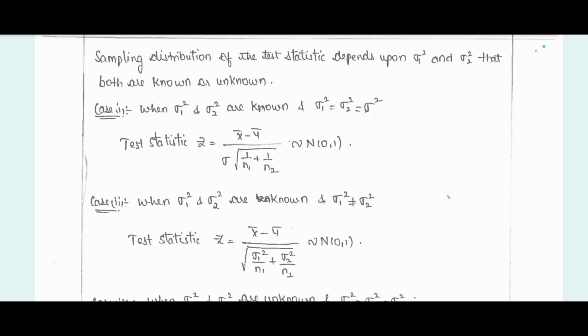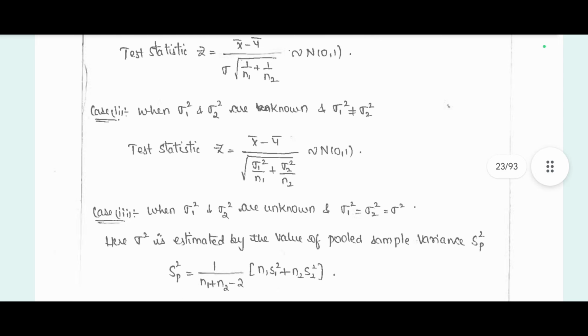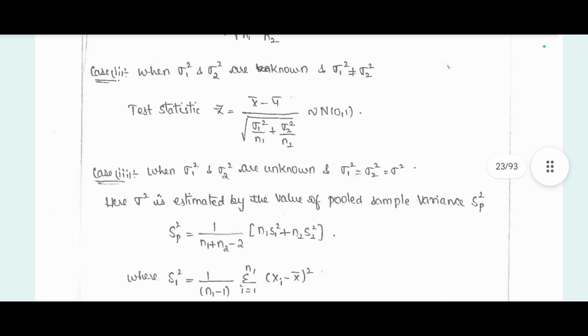Under root of sigma square will become sigma, so put it outside. Next, if sigma 1 square and sigma 2 square are known and not equal, then you have to substitute directly into the formula. Under H naught, the mu1 and mu2 will get cancelled. So that is why the Z calculated test statistic becomes like this.